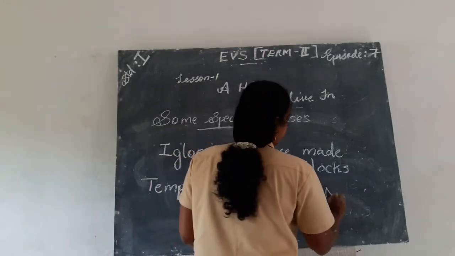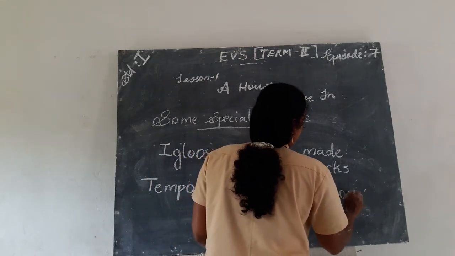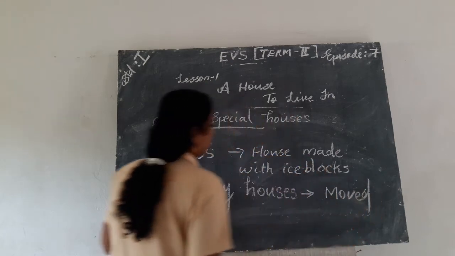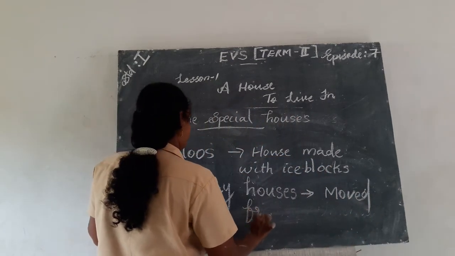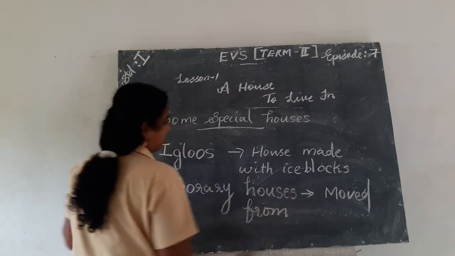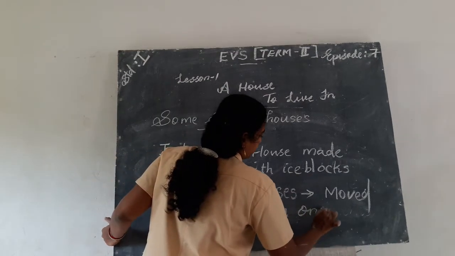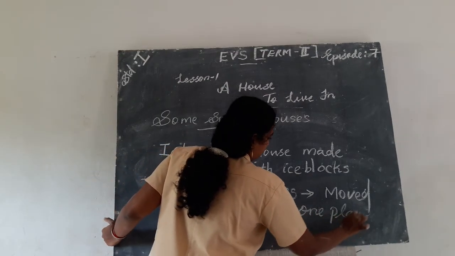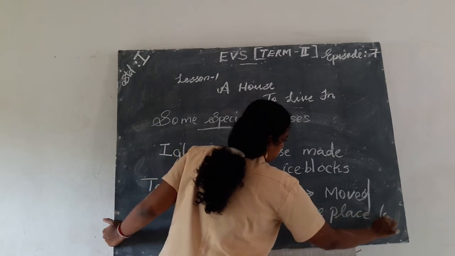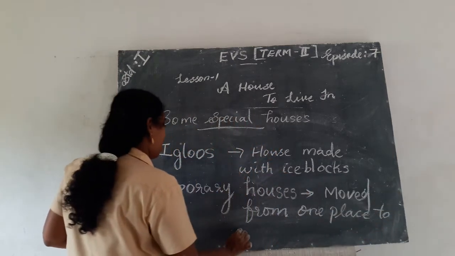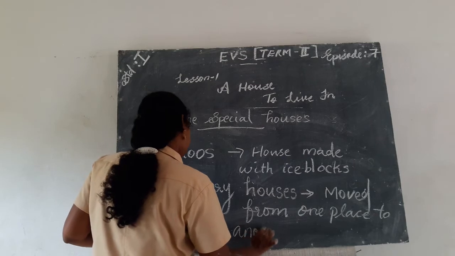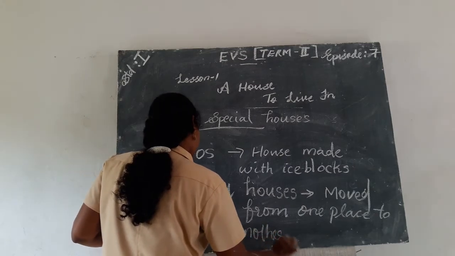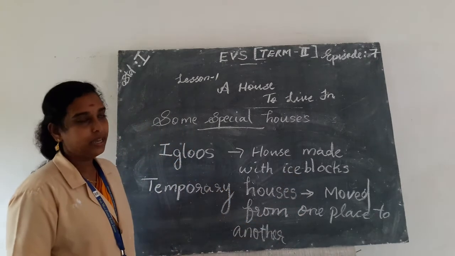So such types of houses are called temporary houses. The houses that can be moved from one place to another are called temporary houses.